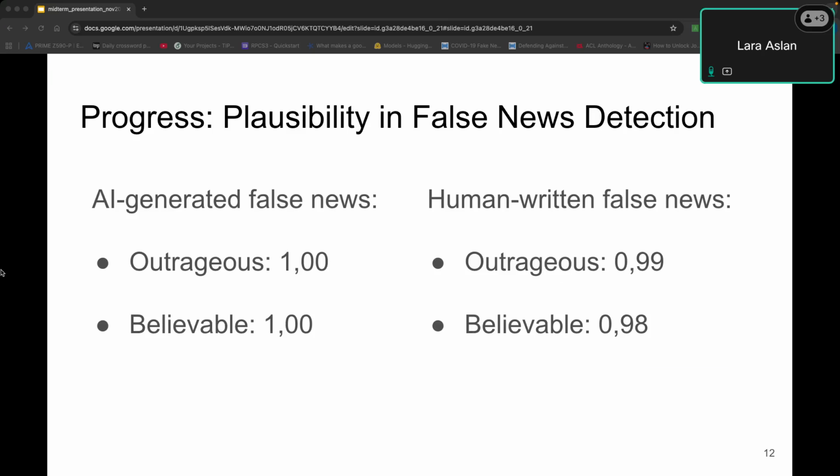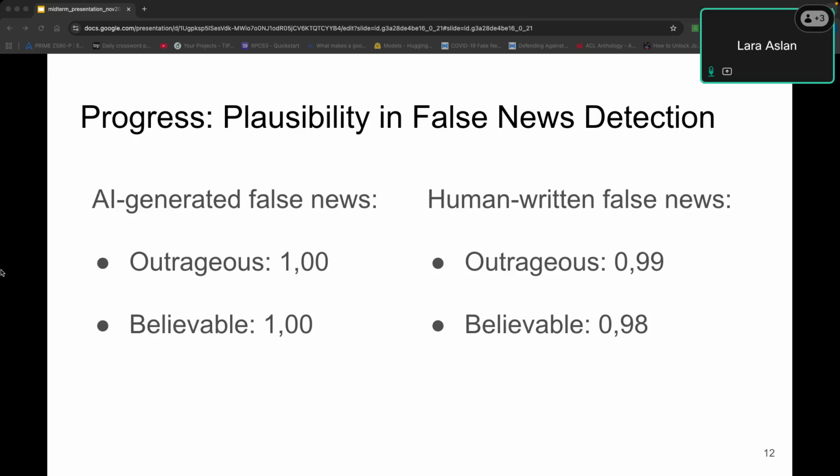These experiments were conducted only by using BERT model due to it being lightweight to deploy but also capable of yielding relatively high accuracy results in previous experiments. The F1 score for both outrageous and believable AI-generated false news was 1.